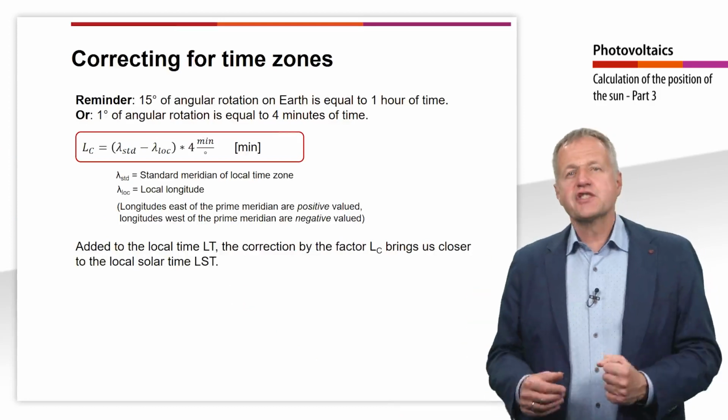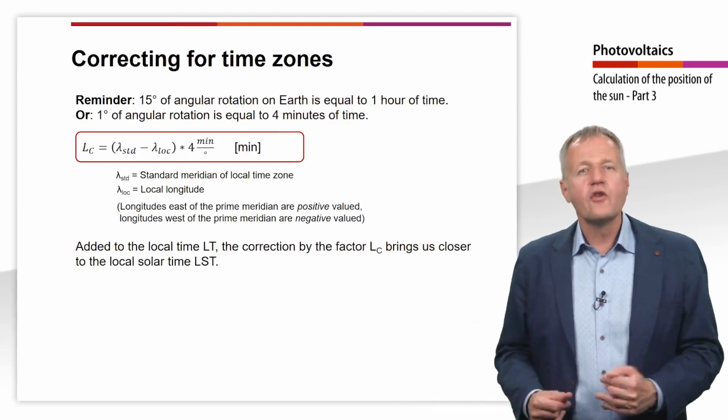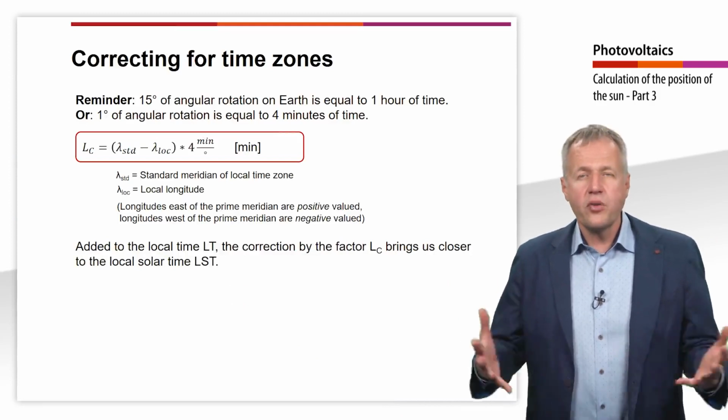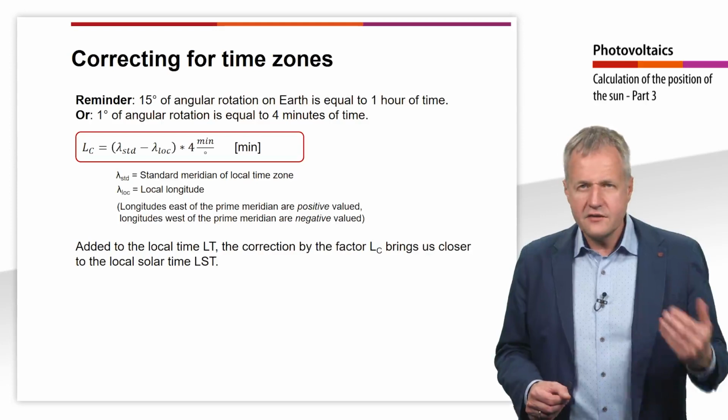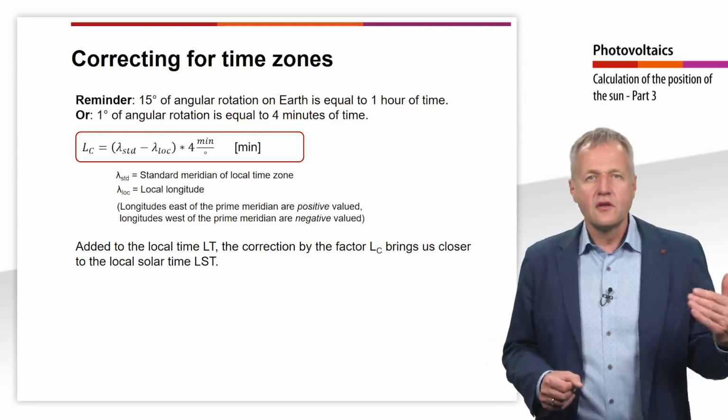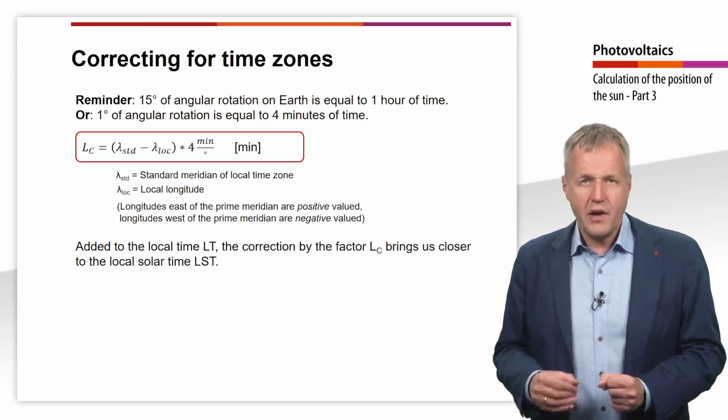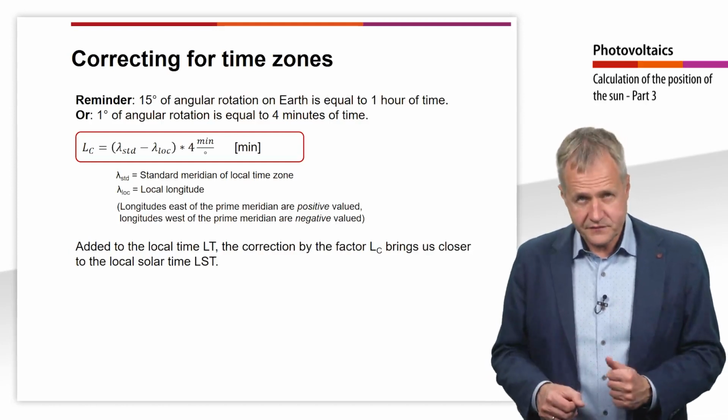Due to the large variations between LT and LST within a time zone, it is important to correct the local time with a correction factor LC, taking into account the local longitude and the standard meridian of the local time zone.